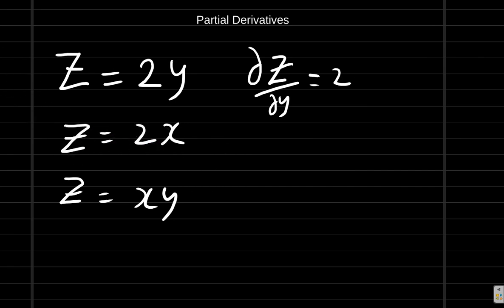Suppose we look at the second one now. Alright, this one. We want the partial derivative of z with respect to x. It would be, in this case, using the same argument, 2. But what would be the partial derivative of z with respect to y?